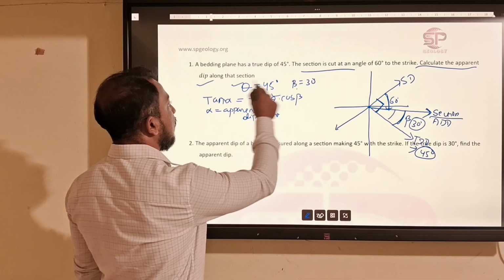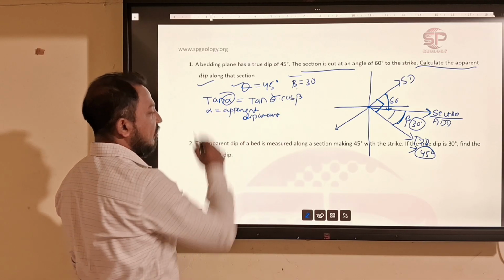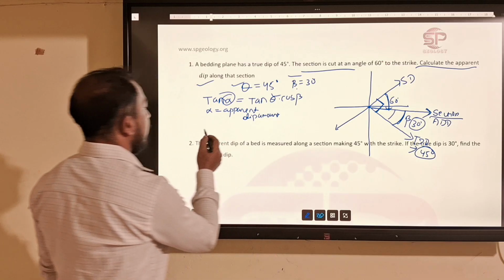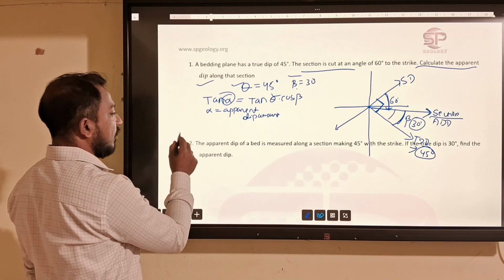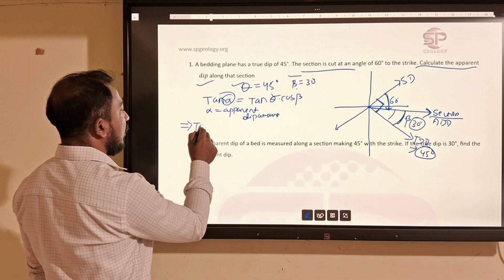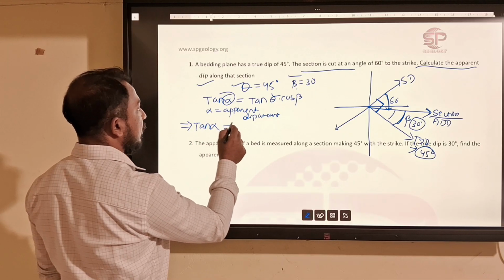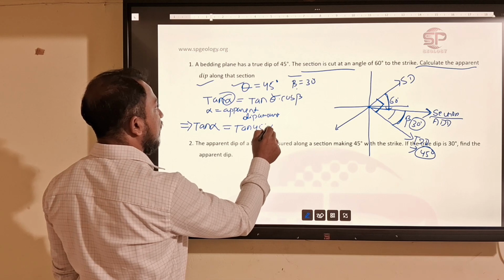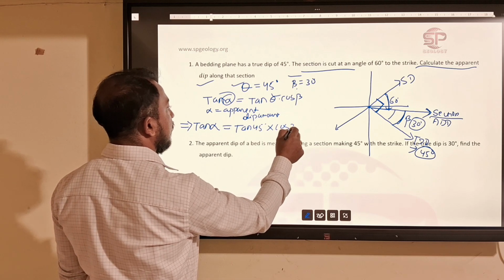Now we have theta, we have beta, we'll calculate alpha. So you can put here tan alpha equal to tan 45 degrees into cos 30 degrees.